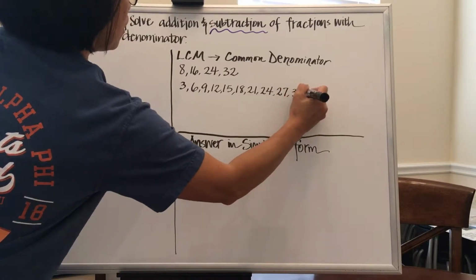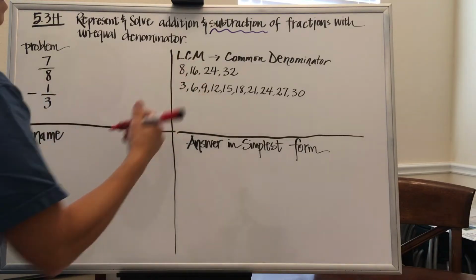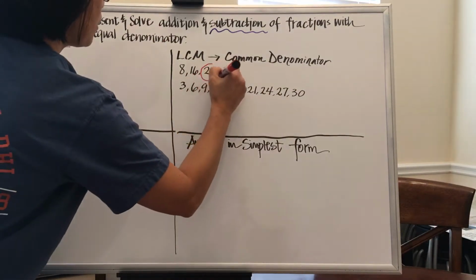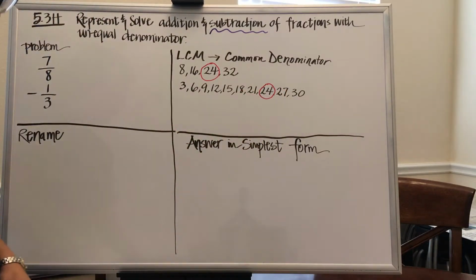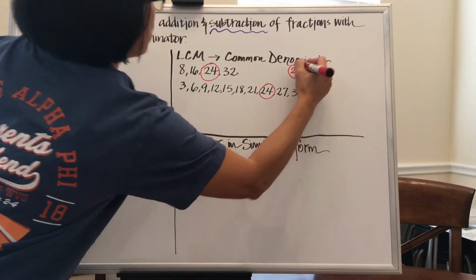I can stop here because what I see is 24 is the first number that they have in common, and it's the smallest one that they have in common. So therefore 24 is my common denominator. Okay, so I'm going to just write that here, common denominator.